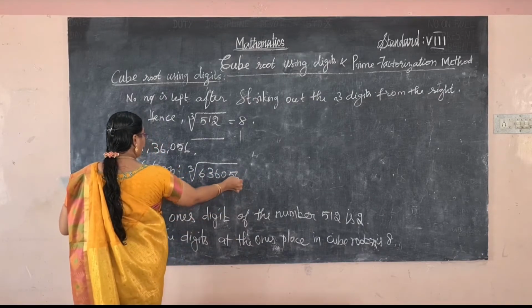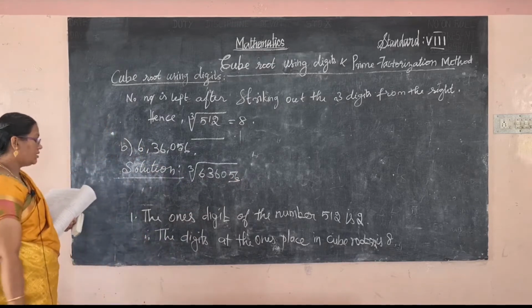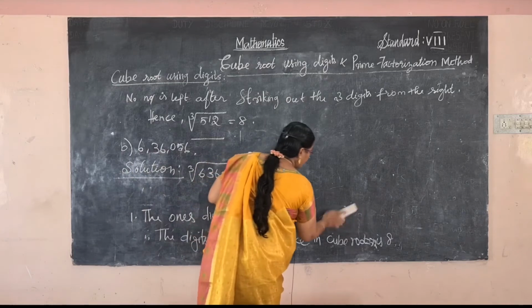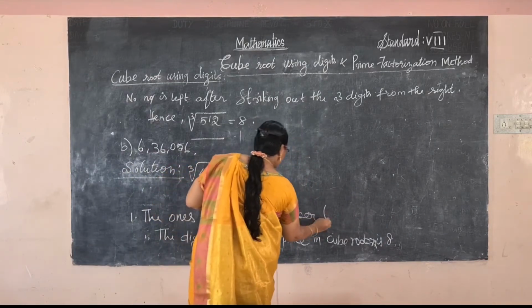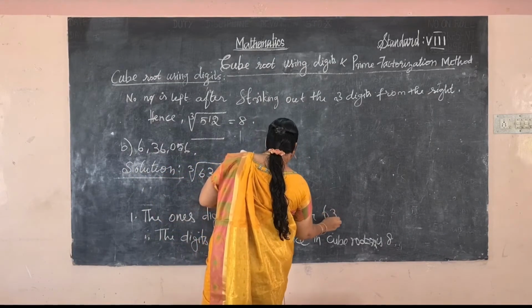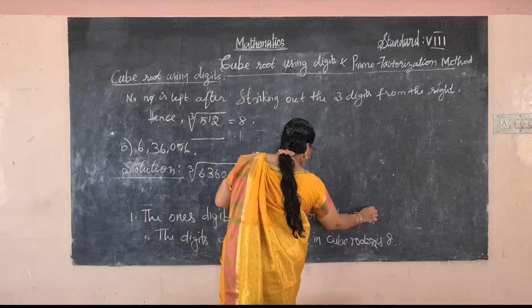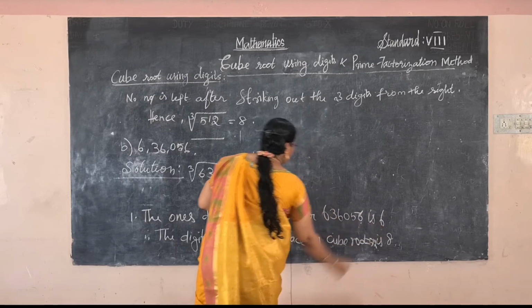So see the ones digit. The ones digit of the number, what is that? 6.